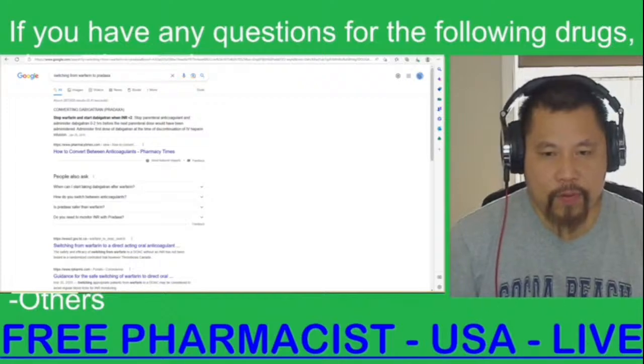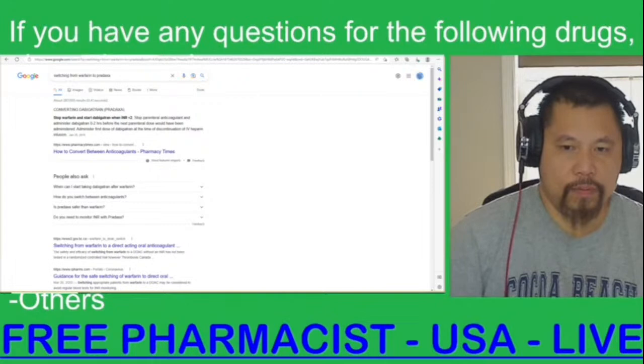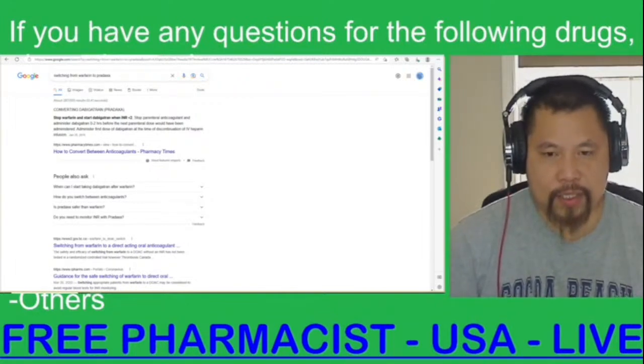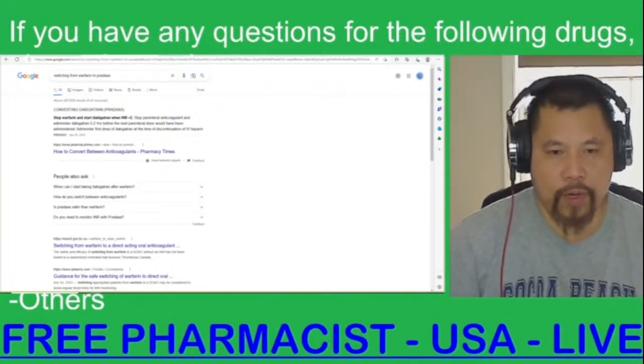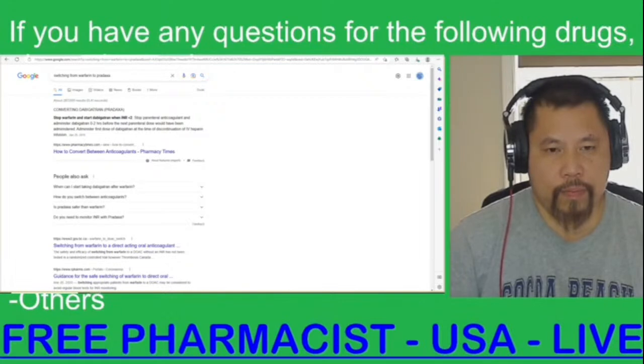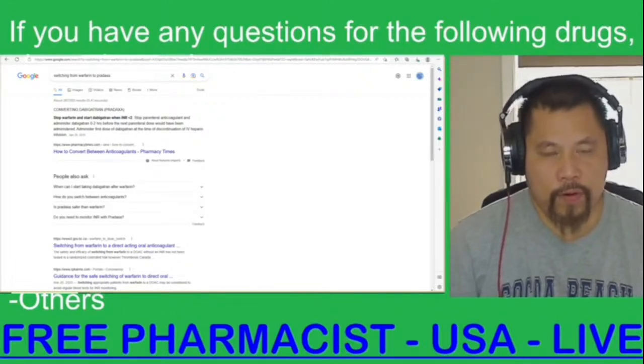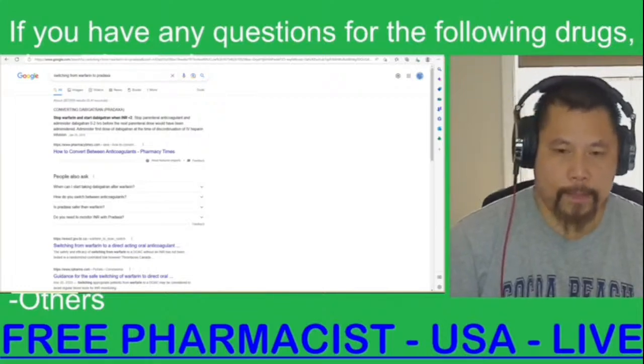Depend on the INR level and inpatient or outpatient status to provide the best recommendation when switching from warfarin to another medicine.